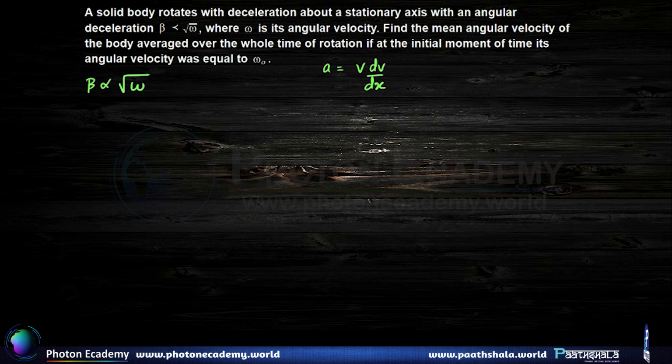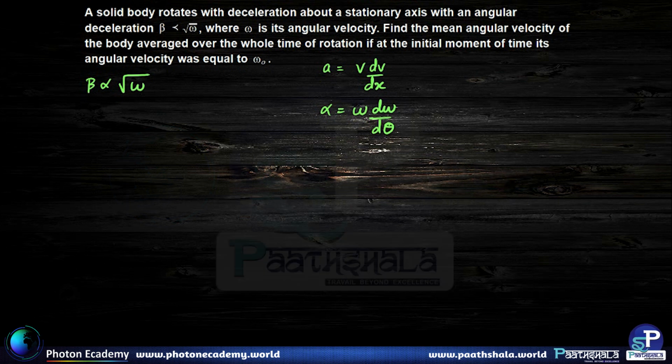This is one very important thing to note. Similarly, angular acceleration can be written as omega d omega by d theta. Since it is deceleration, there is going to be a minus sign involved. So this deceleration beta is going to be minus omega d omega by d theta.